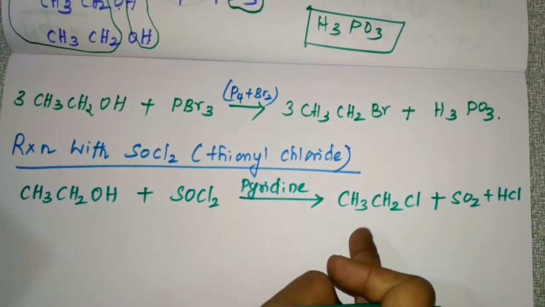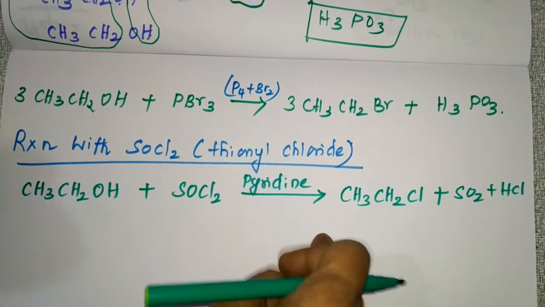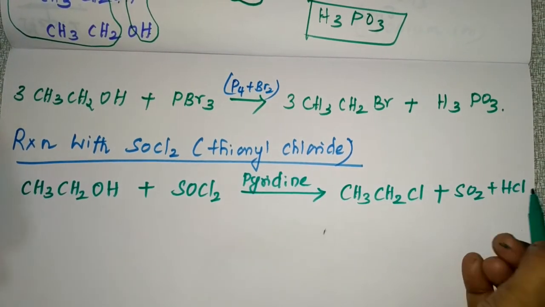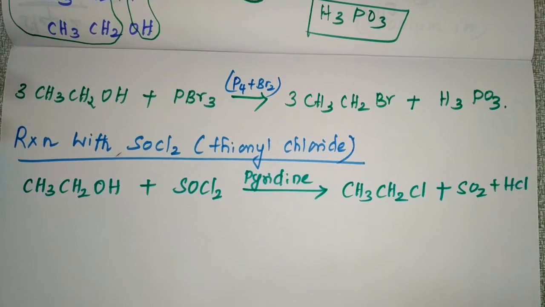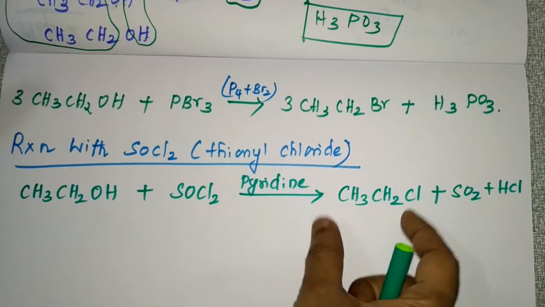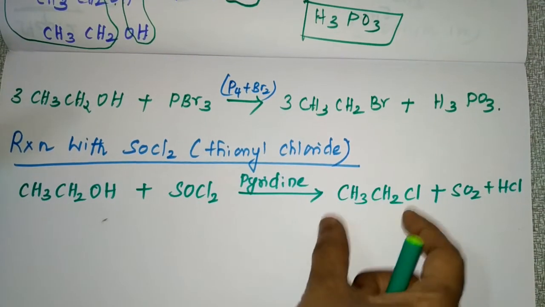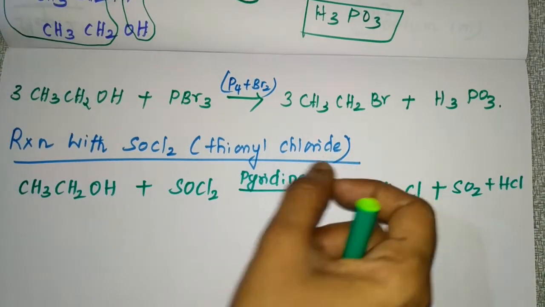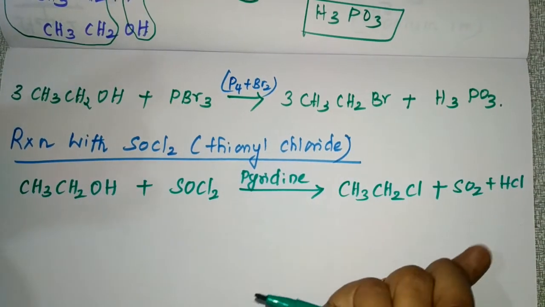For this one, in haloalkanes I told you, this is the proper method, because SO2 will get removed as gas, HCl also will get evolved as gas, and you will get the pure haloalkane as the main product. So this is a very good method for the preparation of haloalkane.